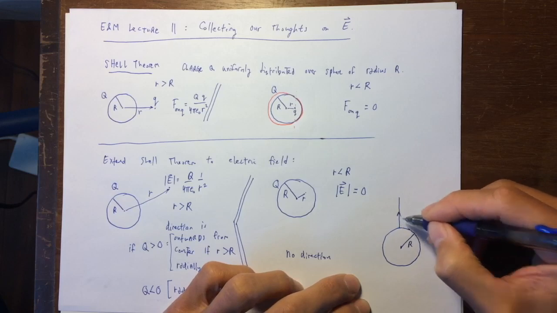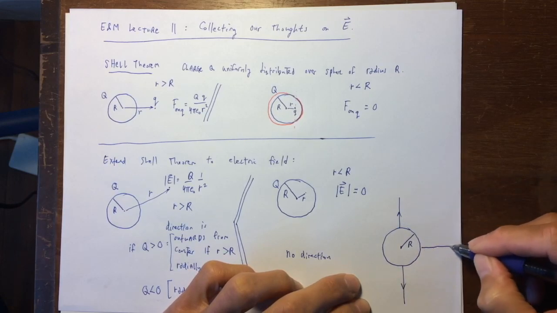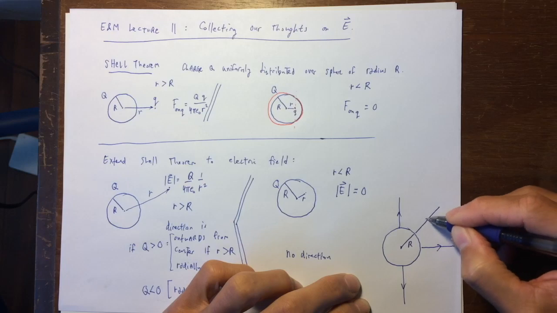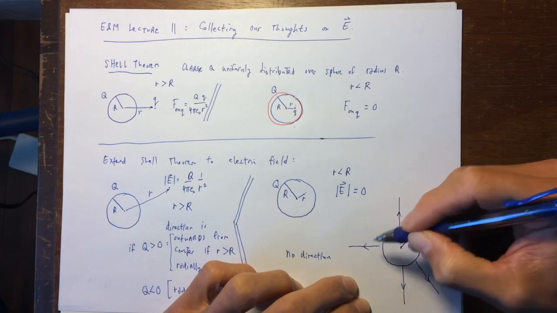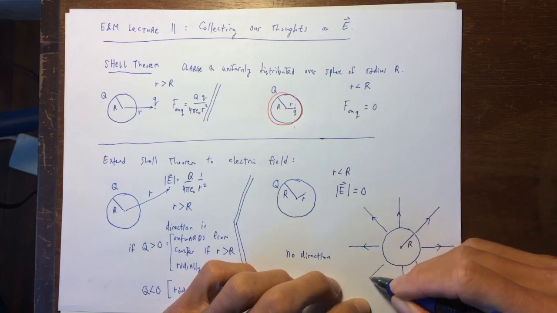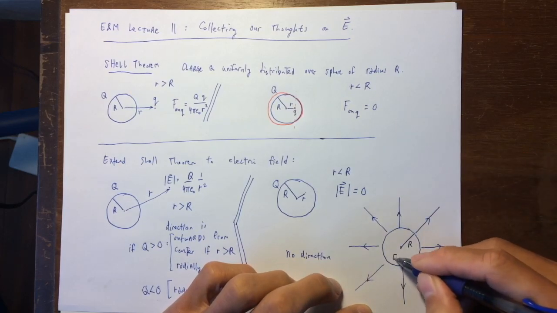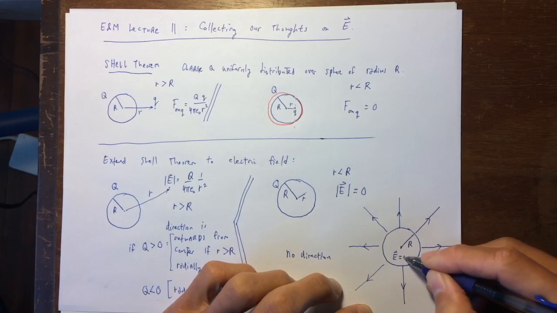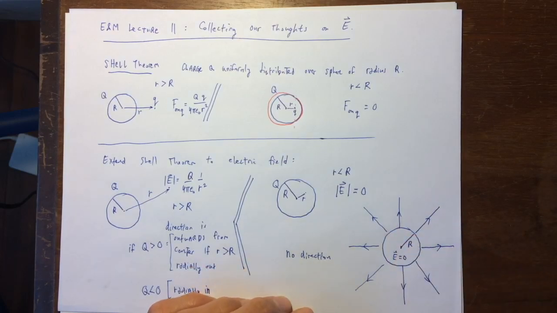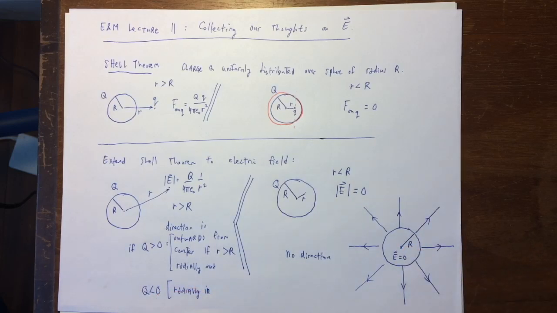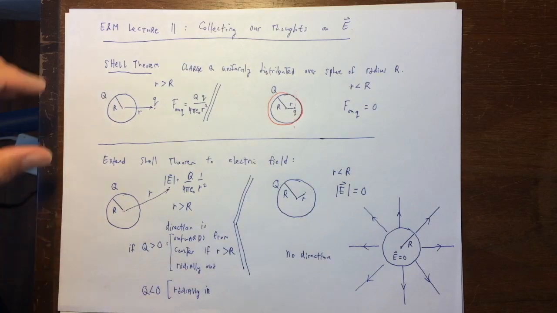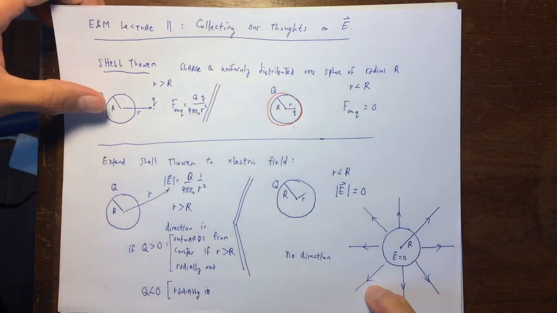It is just the field line diagram of a positive charge outside the shell, and inside the shell, maybe something like that. So on the inside the electric field is 0, and on the outside the electric field is identical to the electric field of a point charge located at the center.